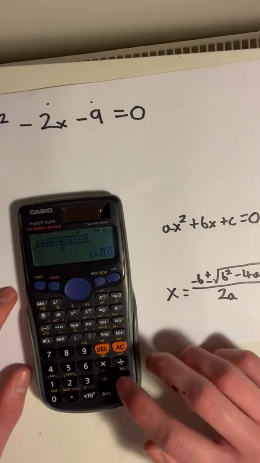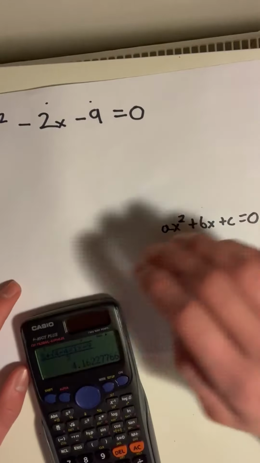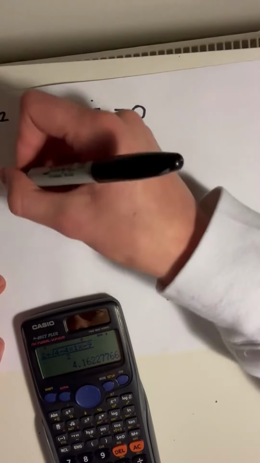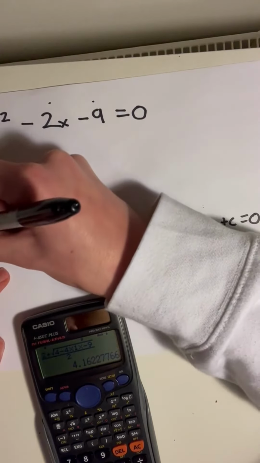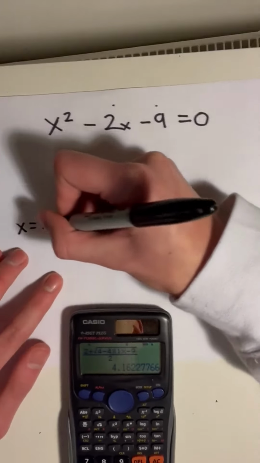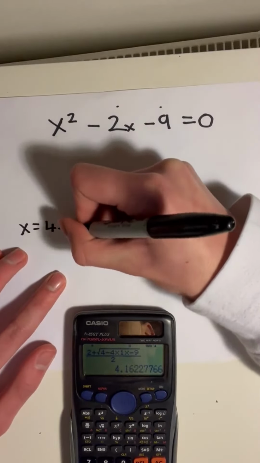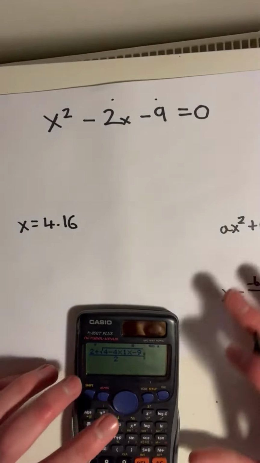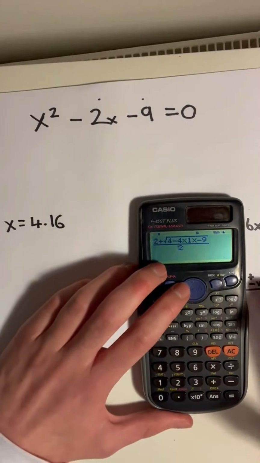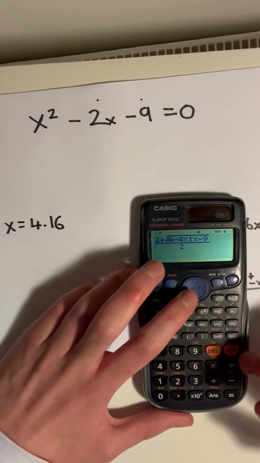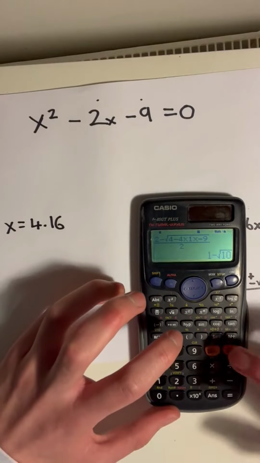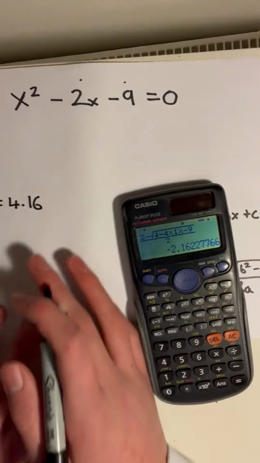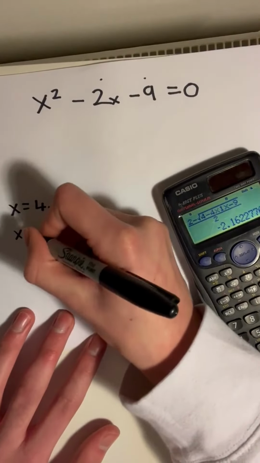So our first solution is 4.16 to 2 decimal places. And our second solution, if on our calculator we just put a minus instead of the plus, would be minus 2.16.